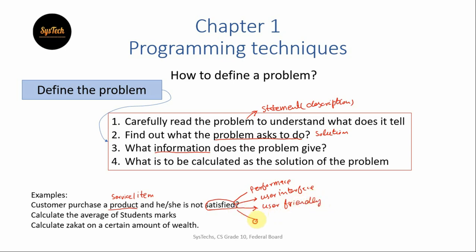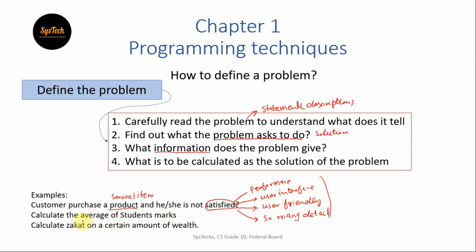Maybe it asks for so many details. So this is our analysis about this problem. Now we shall pinpoint, after the discussion with the customer, why the customer is not satisfied, and then we shall go for the solution.